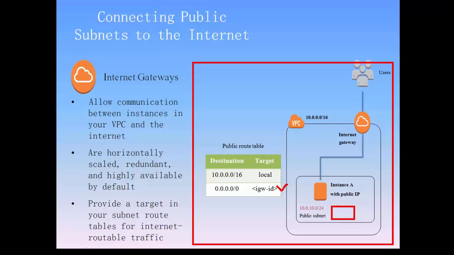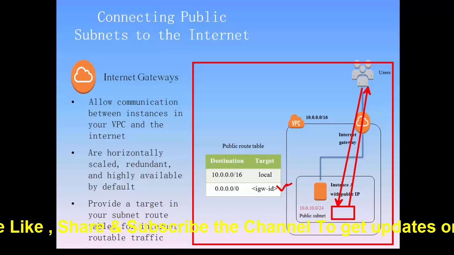Any instance in this subnet can directly go to the internet. Any user can access it from anywhere, because it is in the public subnet and connected with the internet gateway. We have done this practically in the last video, so I hope you all have seen that. If not, please first watch that video.